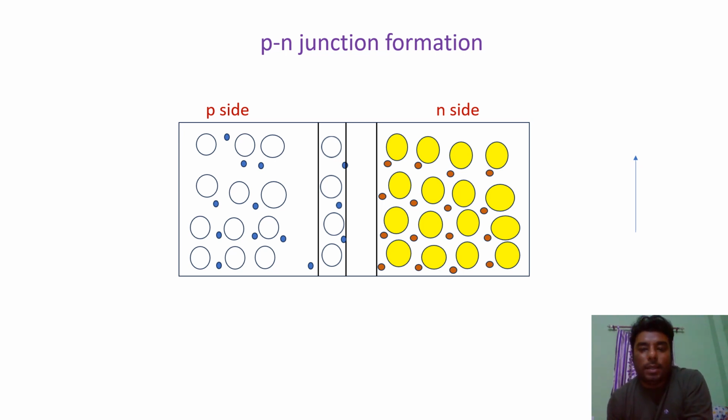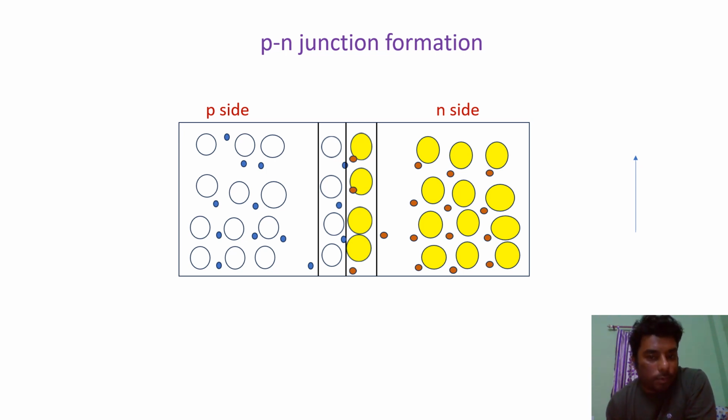For the N side, these happen simultaneously, but I am giving the demo one by one. After that, the negatively and positively charged ions are coming, and also these electrons are coming. So on the left side there is a deposition of bulk negatively charged ions, and on the right side there are positively charged ions.